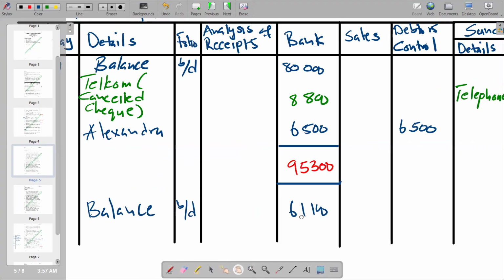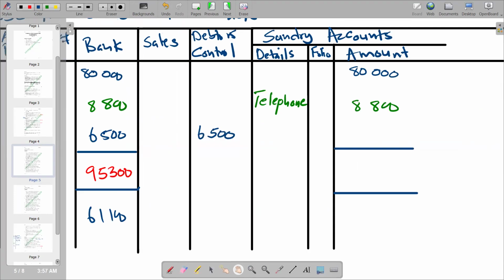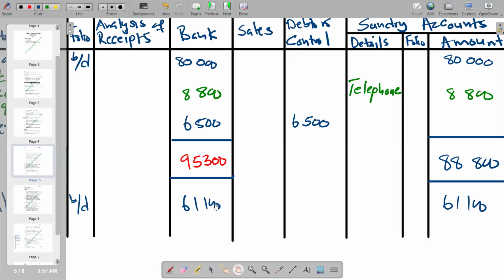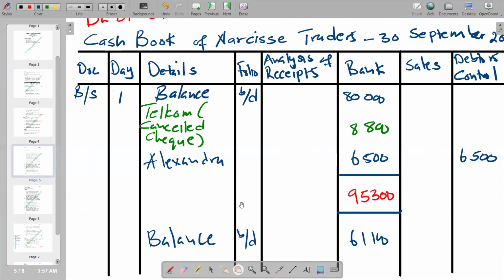We should also have it under the amount column of the cash account, 61,100. And remember, we need also the total here, 80,000 plus 8,800, and we're going to get 88,800. So this is how we balance the debit side and the credit side of our cash book.